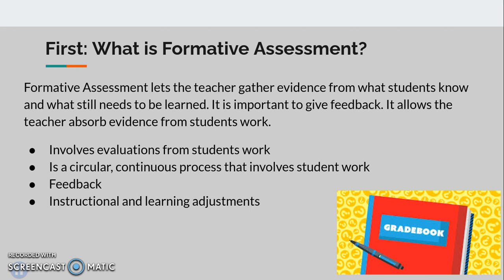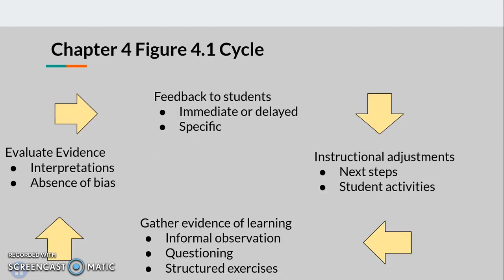Next, let's talk about the cycle. The cycle is also in the book in your chapter 4, section 4.1. So back to students, delayed, specific, instructional adjustments, next steps, student activities. Then it goes on to gathering evidence of learning: informal observation, questioning, structured exercises.